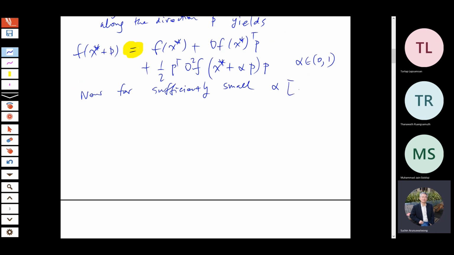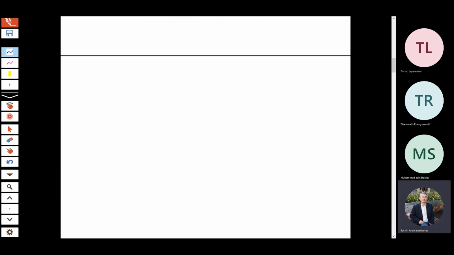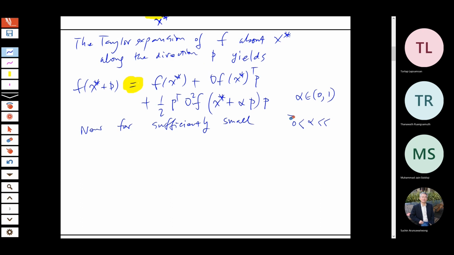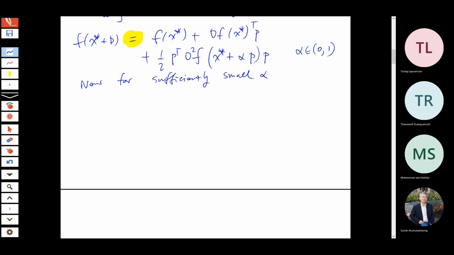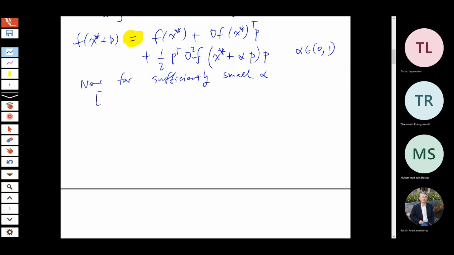So that means alpha is greater than 0 and less than alpha bar, where alpha bar is the upper bound.